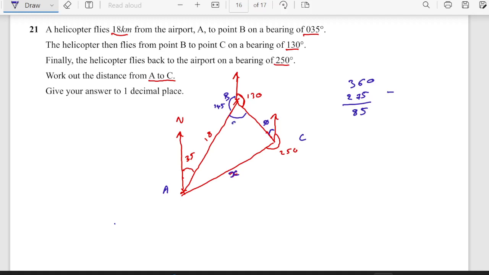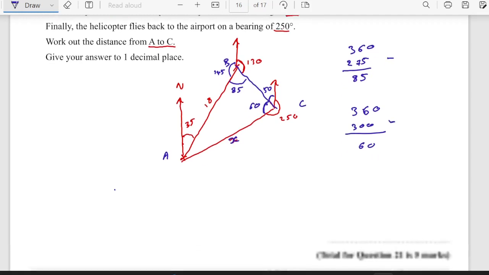So that inside angle is 85, and I can work out this interior angle as well: 360 minus 300, so that angle is going to be 60 degrees.